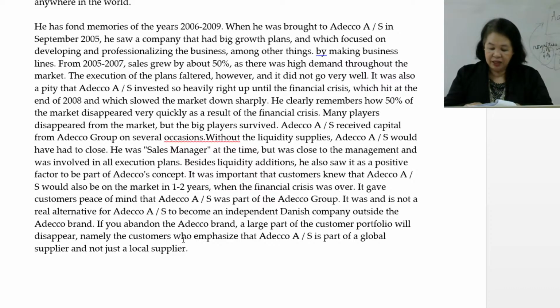He said, remove the Adecco brand, no? Large part of the customer portfolio will disappear. So if you remove the Adecco name, they also lose their large clients, no? Namely, the customers who emphasize that Adecco AS is part of a global supplier and not just a local supplier. Okay.